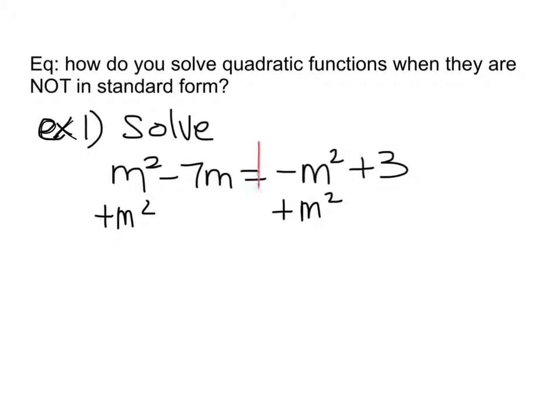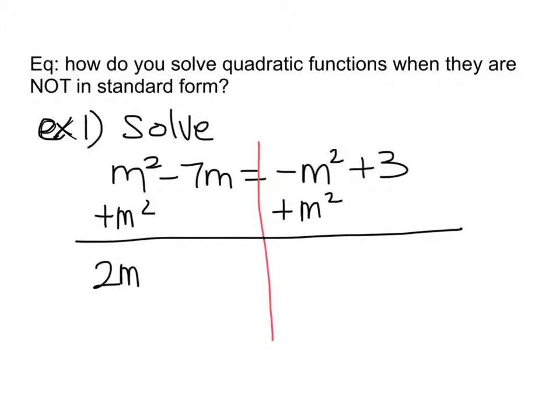The reason why we're doing that is because we want to make sure that everything is on the left-hand side, and on the right-hand side there's just a 0. Or you could do it the other way, but this time I choose to have everything on the left-hand side and the right-hand side is just a 0.